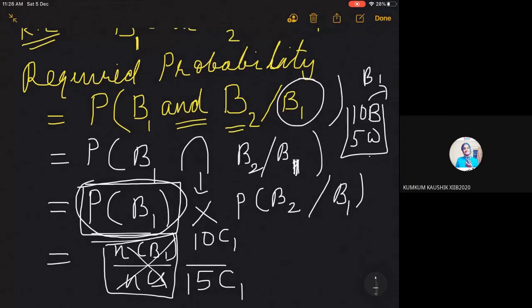So we are applying the classical definition of probability, P of E equals N of E by N of S. When you apply this definition, what will that be? The probability of taking one black ball is the number of ways of selecting one black ball divided by the number of ways of selecting one ball from 15 balls. If you have any doubt, you can ask now, children.